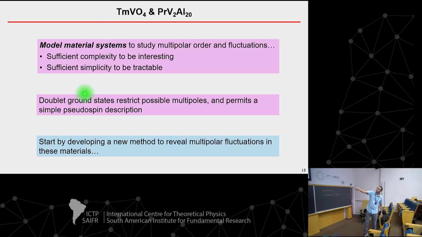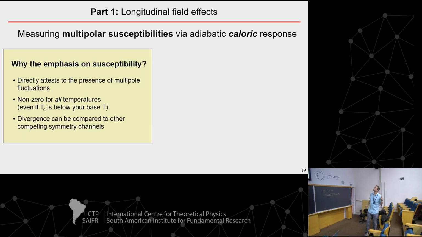And in this case, the model part is all coming in a way because of that doublet ground state, which restricts the possible multipoles, that point I was making, and then permits this very elegant and simple pseudospin representation. All right, so good. With that preamble out of the way, let me start then by developing a method to reveal the multipolar fluctuations in these materials, and then go on to look at the transverse field effects.